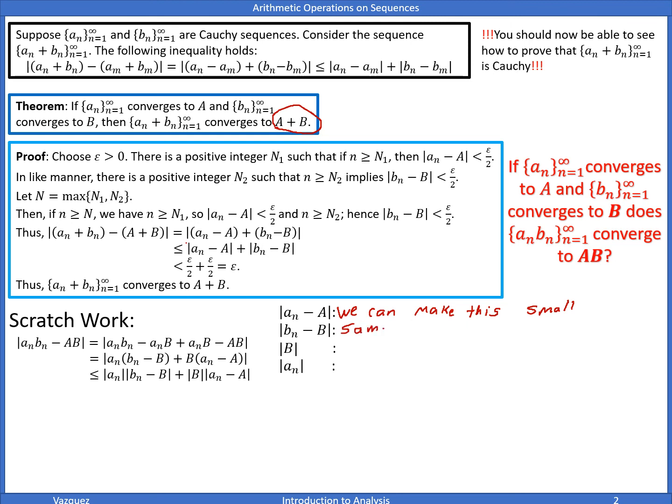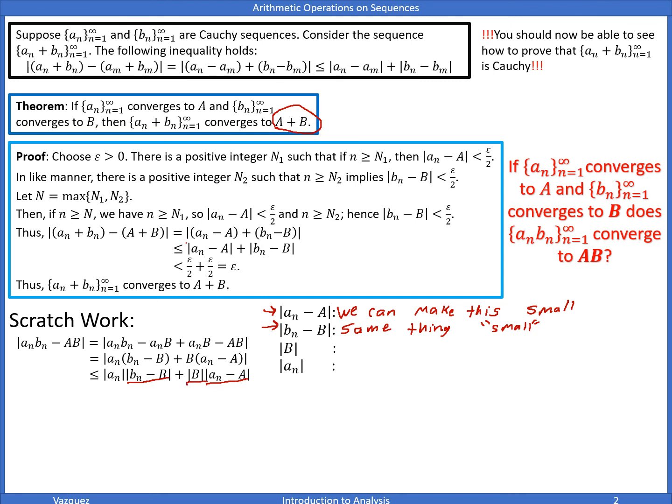Same thing with this one. We're assuming they're converging, so both of these can be made arbitrarily small.